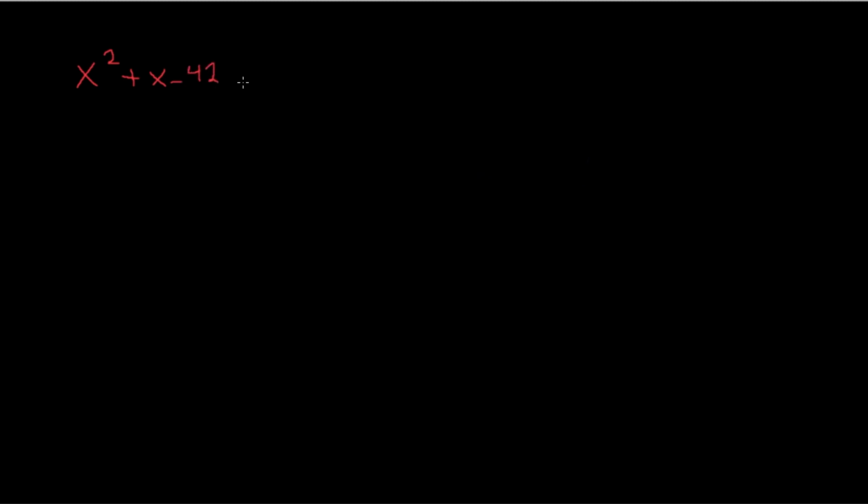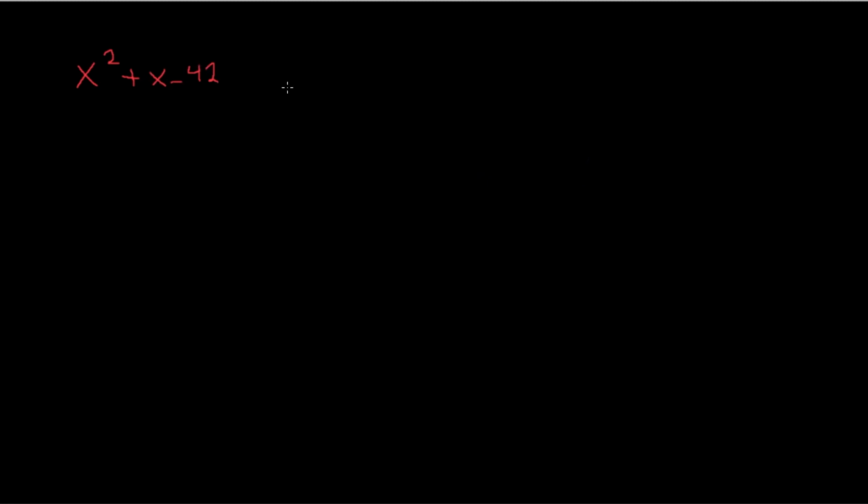Alright, do the same thing we did for the first one. Look at the factors of 42, which are, I think, not the only ones. We have 7, 6, 2, and 21, and 3 and 14.